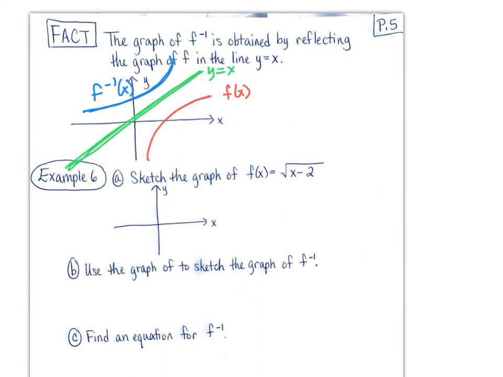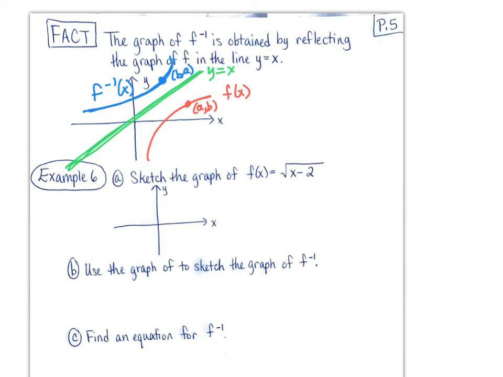Notice that if the point (a, b) is on the graph of f of x, then the point (b, a) is on the graph of its inverse. So that's how we obtain the graph of the inverse of a function.